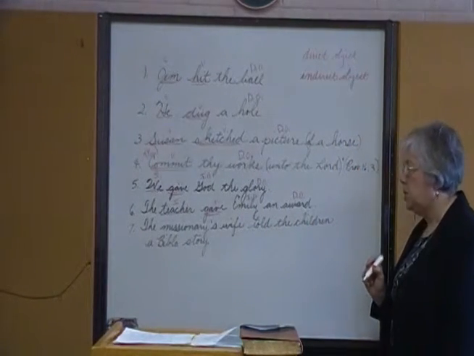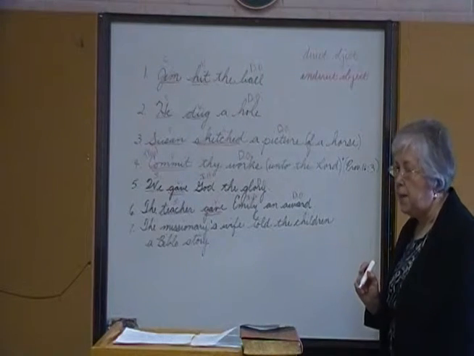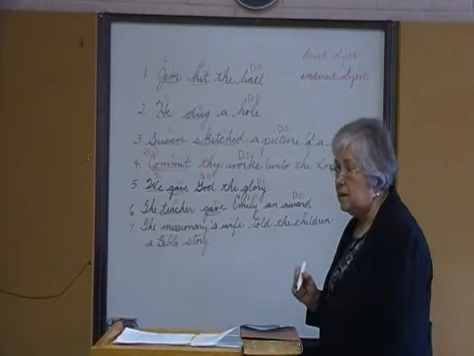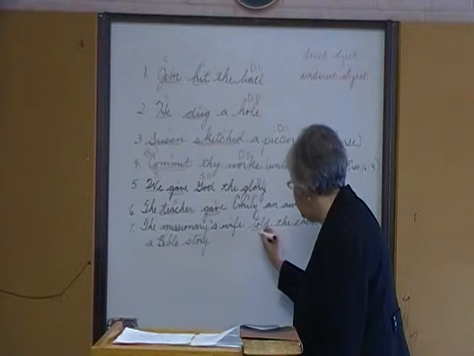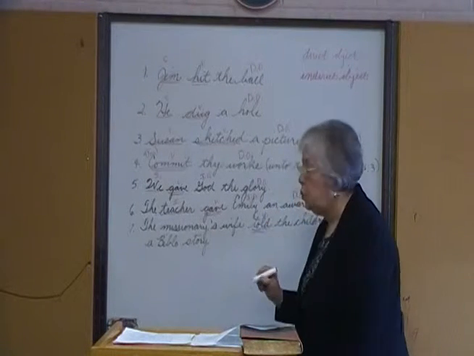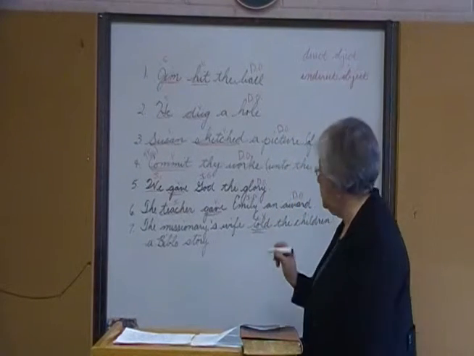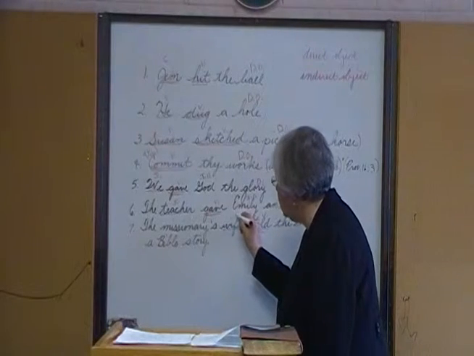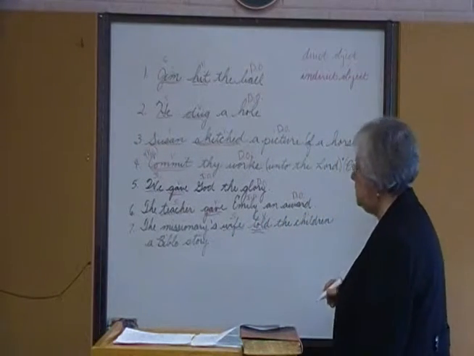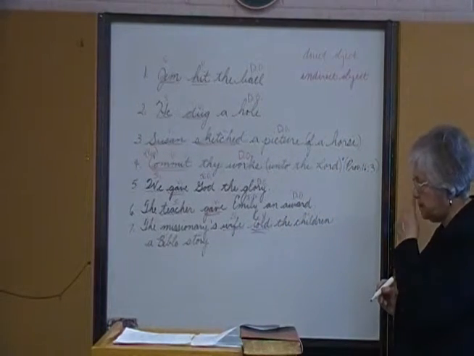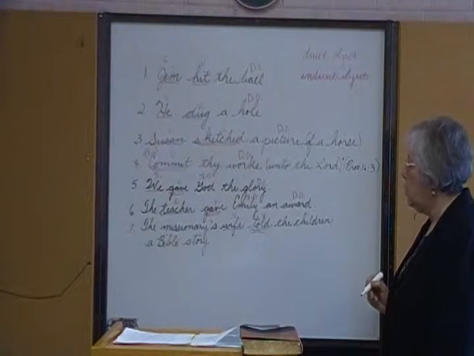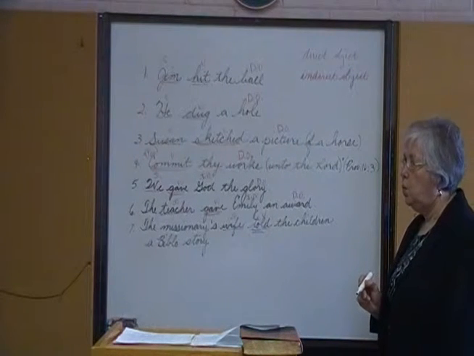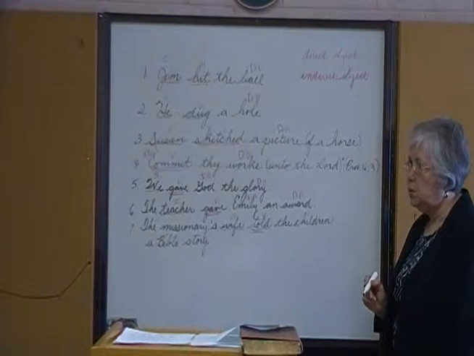Number 7, the missionary's wife told the children a Bible story. What is the action verb? Told. Whom or what told? Wife. Wife is the subject. Wife is a noun. Told what? Told whom?